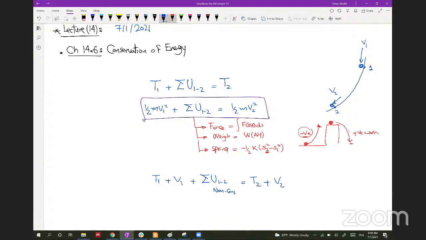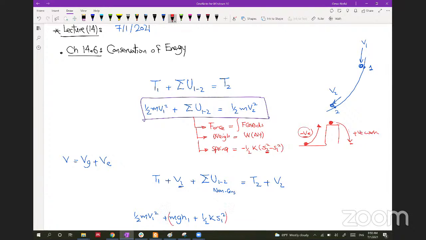T1 is equal to half m v1 squared, and V is the potential energy of weight and also the elastic spring. So V1 is equal to m g h1 plus half k s1 squared. So this is V1.